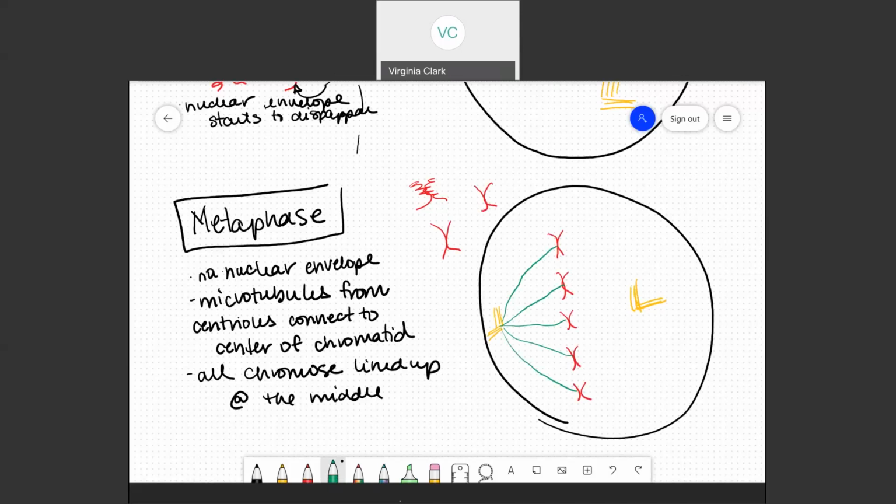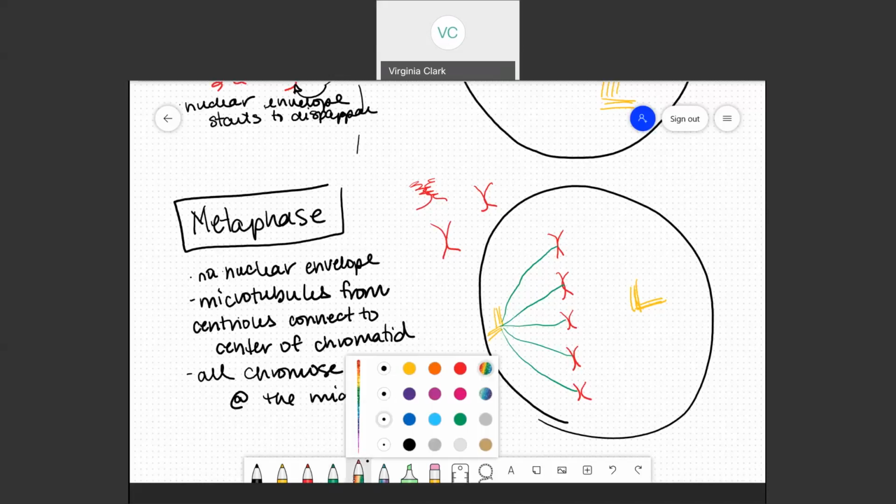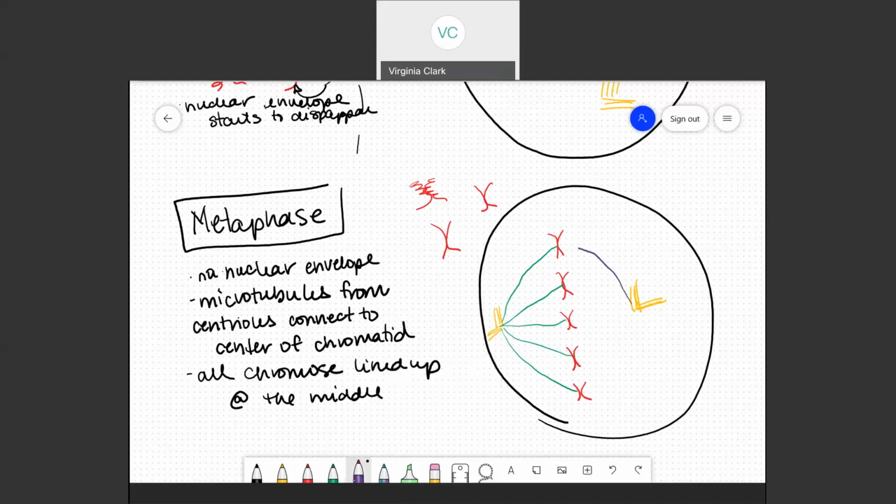You'll notice that this one right here is going to send a microtubule to the center of this guy, whereas this guy right here is going to send his to this side of the sister chromatid. So with metaphase, all of your nuclear material, all of your DNA through your chromosomes, will be lined up perfectly down the middle. You'll have these microtubules connected to the centrioles, and the centrioles are going to be at opposite polar ends of the area.